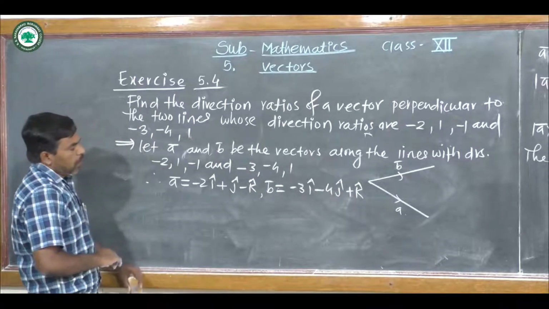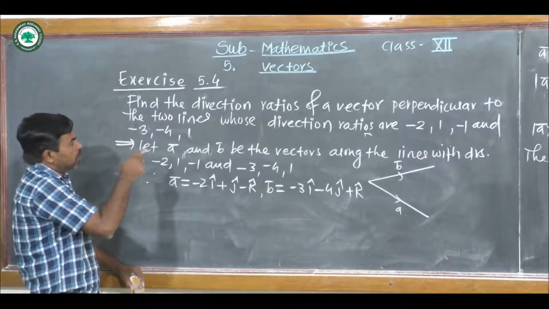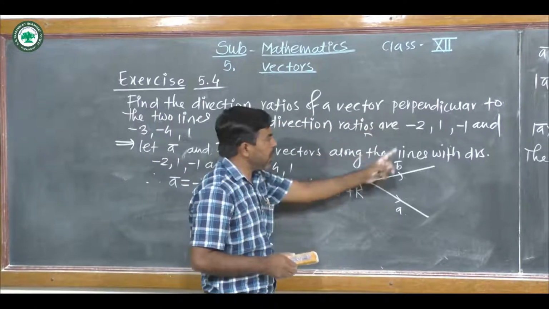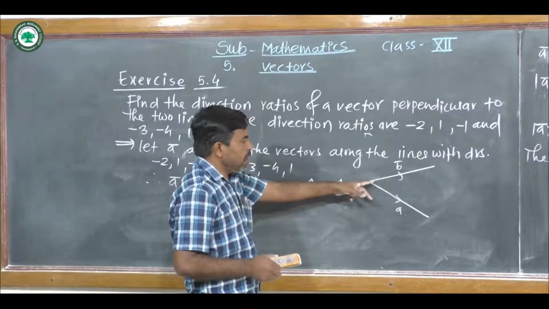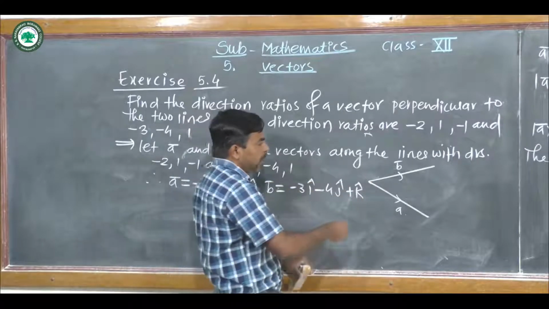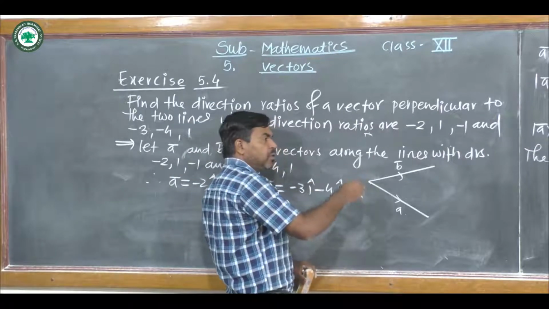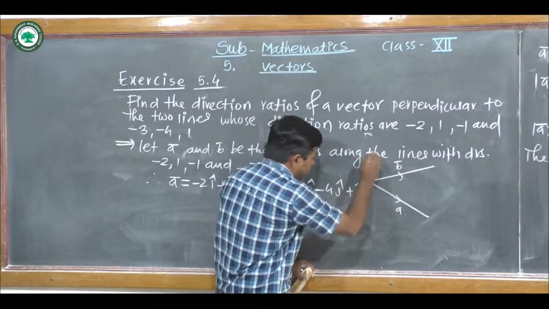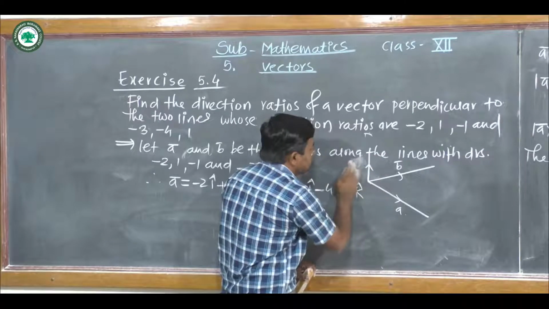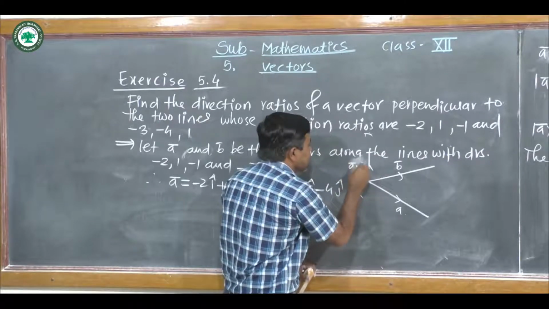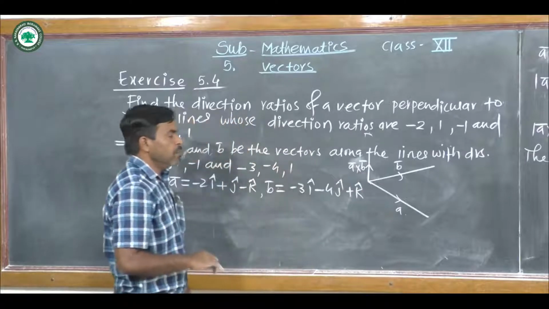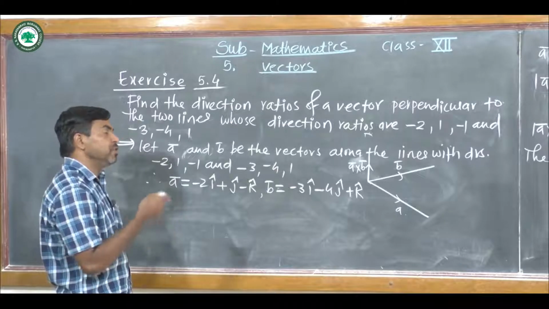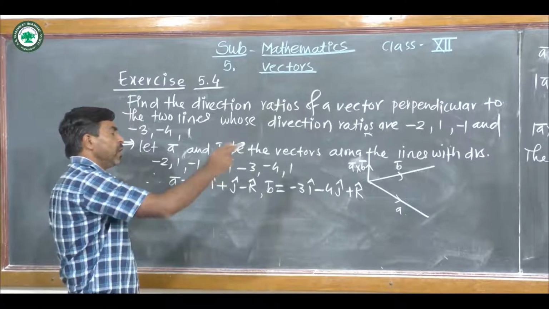Now in this problem we have to find the direction ratios of a vector which is perpendicular to these two lines, that is, perpendicular to A bar and B bar, and we know that is A bar cross B bar.